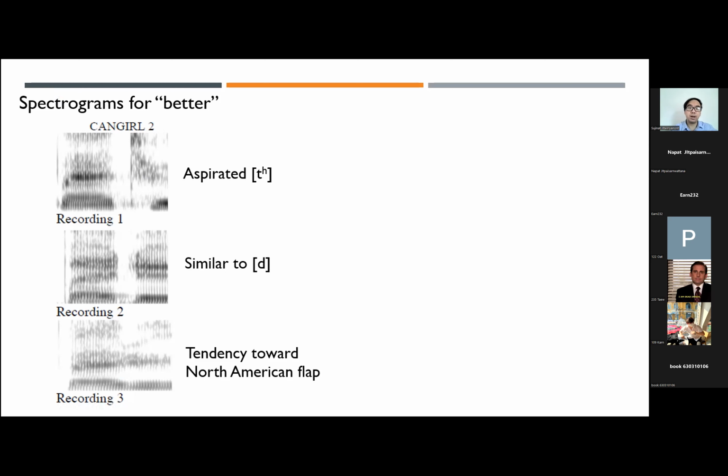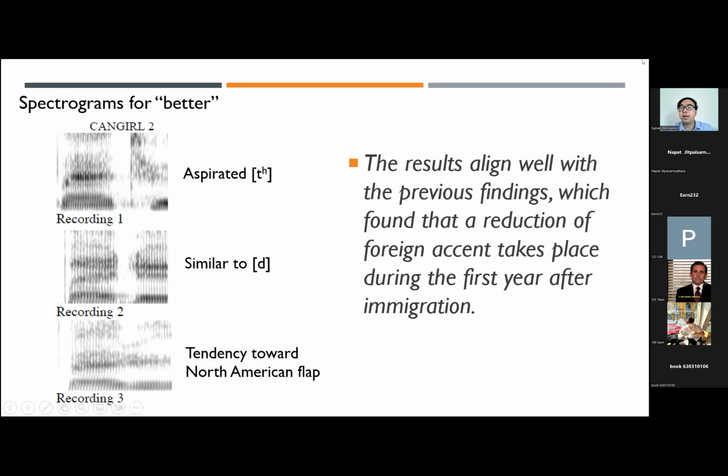So you can figure out whether you have a better pronunciation or not, and you can compare it with the pronunciation of a native speaker visualized in the same way. These results are aligned with previous findings that a reduction of foreign accent takes place during the first year after immigration.